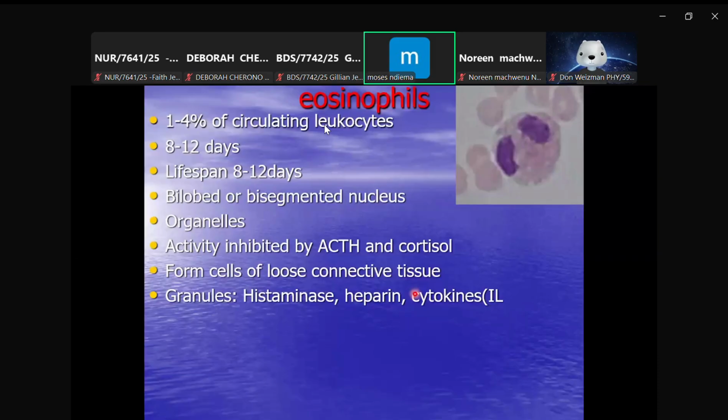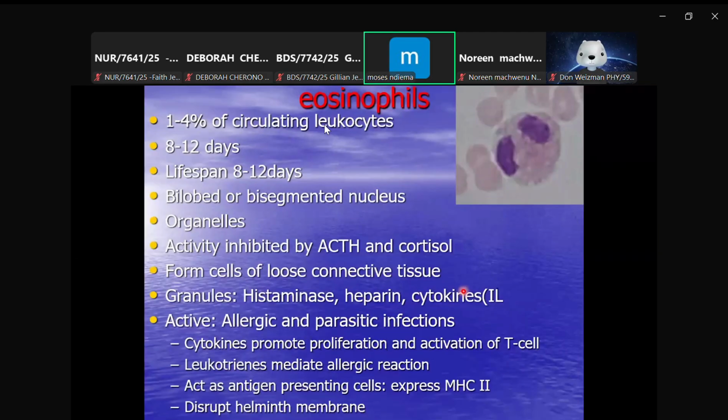And within the cytoplasm, like I've said, we have very large, dense granules. Compare the size of the eosinophil with the red blood cell. You can see the eosinophil is far larger than the red blood cell.